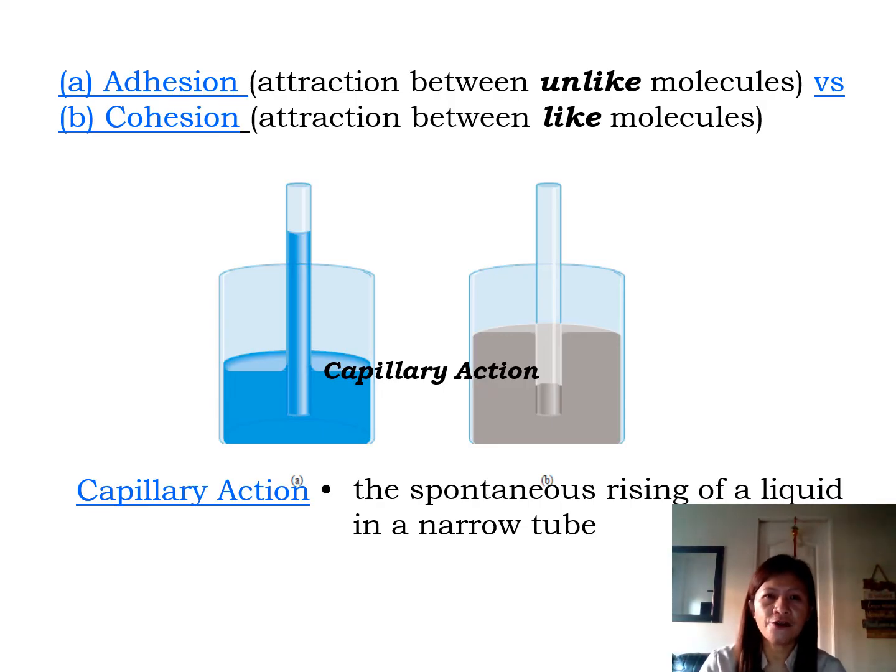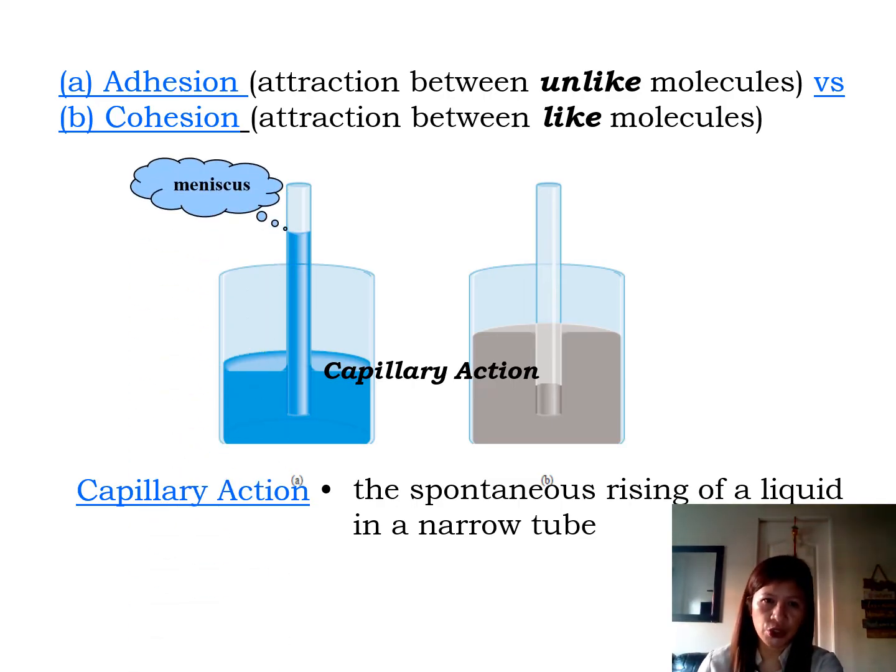Cohesion is the force between water molecules. Also, cohesion is the force between particles of liquid mercury. So between the like molecules of water and liquid mercury, it's cohesive force. Adhesion is between the water and the glass. It's between the mercury and the glass. So that's adhesion, attraction between unlike molecules.